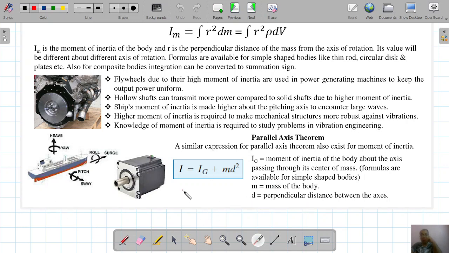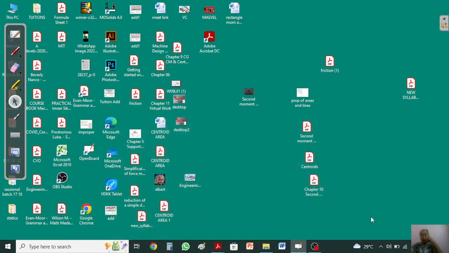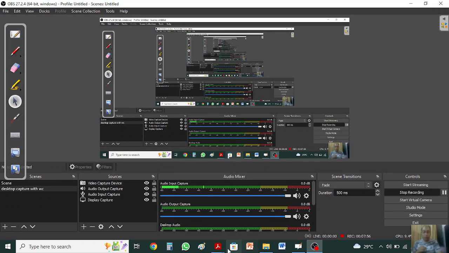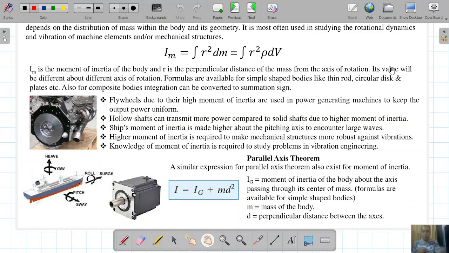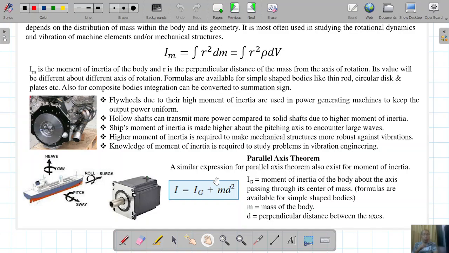So the parallel axis theorem is similar to that.